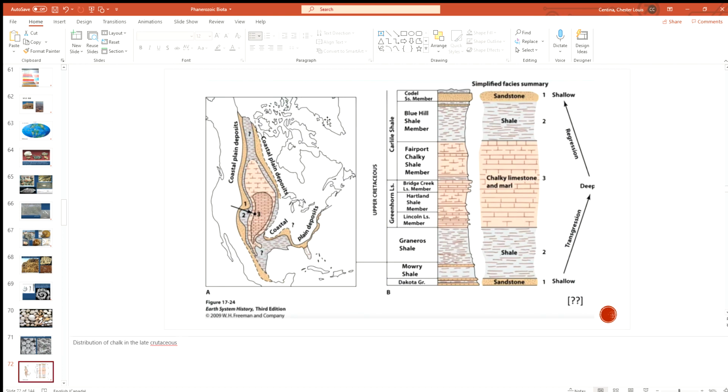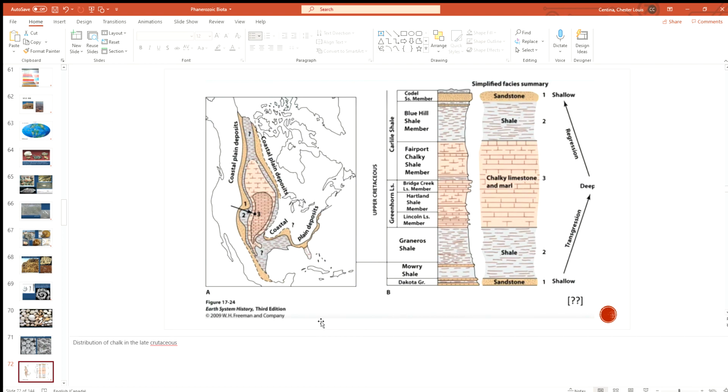So this is just the distribution of chalk in the Cretaceous. I don't think we need to go in depth. It just shows you right here, and we went through it. If there is shallow transgression, the deep means it's chalky limestone, and then if it goes up, it regresses. It's shale, and then shallow again.